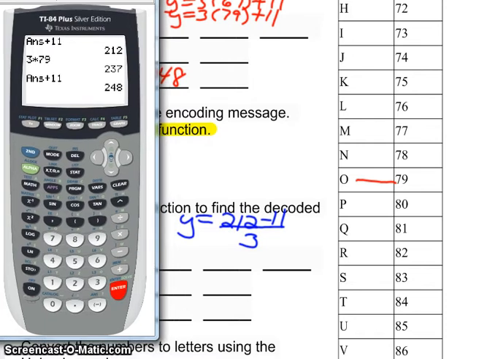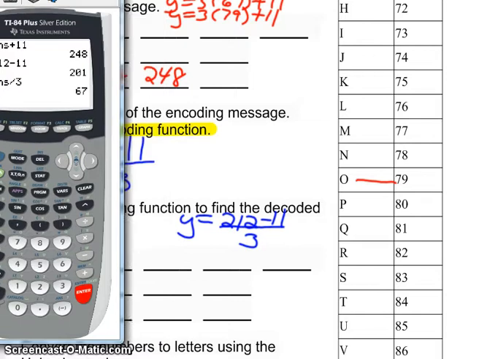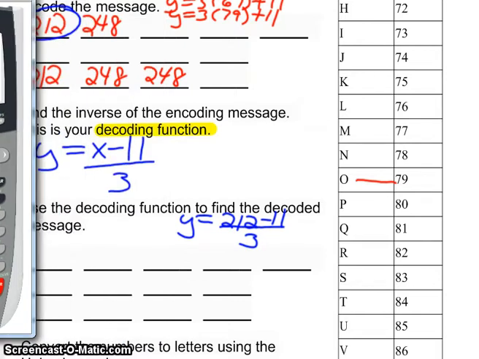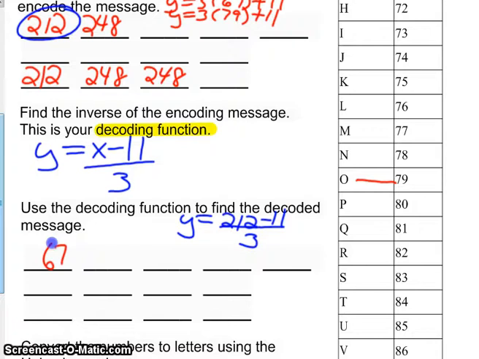I encourage you to do these as 2 separate steps, and don't forget your order of operations. I've got to do that subtraction first, because we simplify the whole top before we divide. So 212 subtract 11, press enter, and then divide by 3. That gives you a 67. So anywhere we have a 212, we can now put a 67.